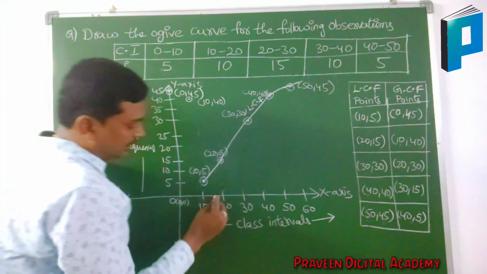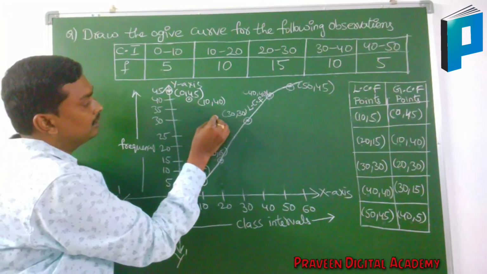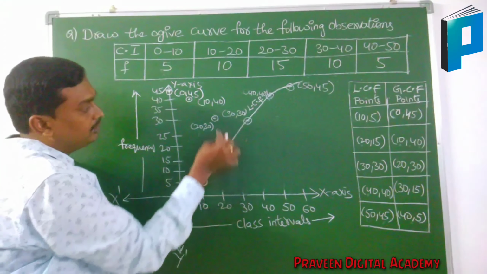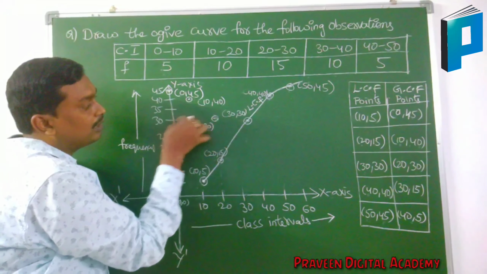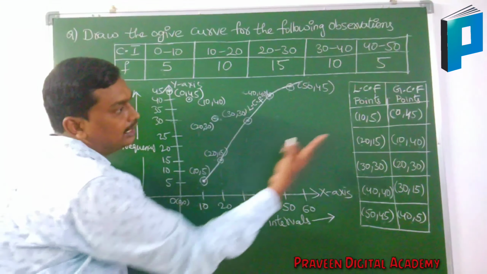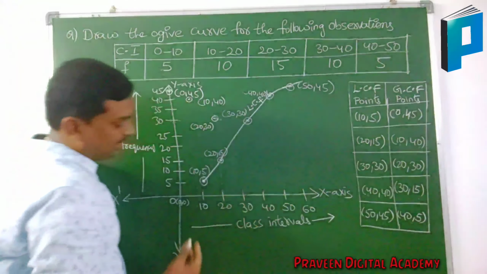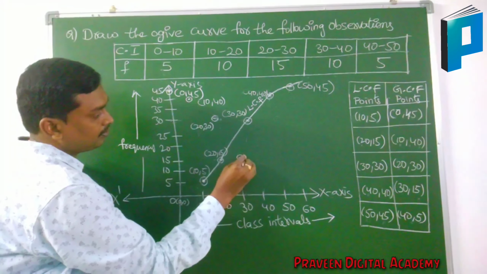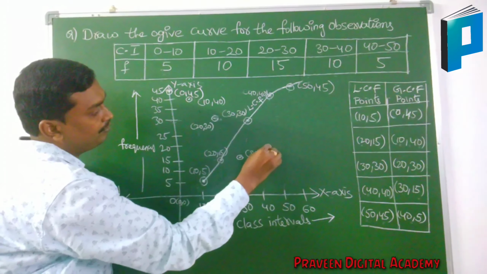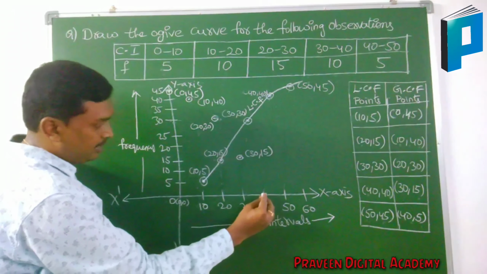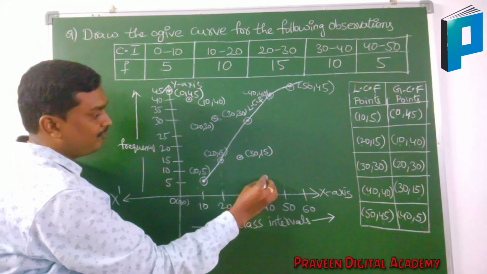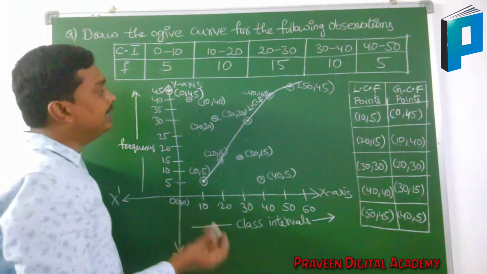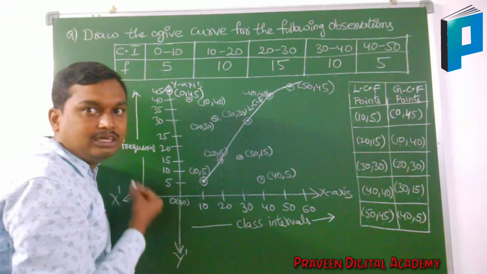Next 20 comma 30, where they meet is 20 comma 30. Next 30 comma 15. Next 40 comma 5. Then you join the curve with free hand.